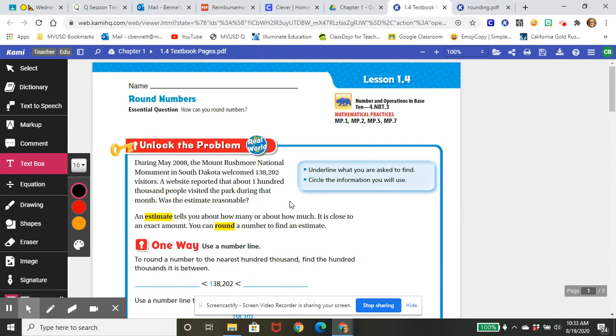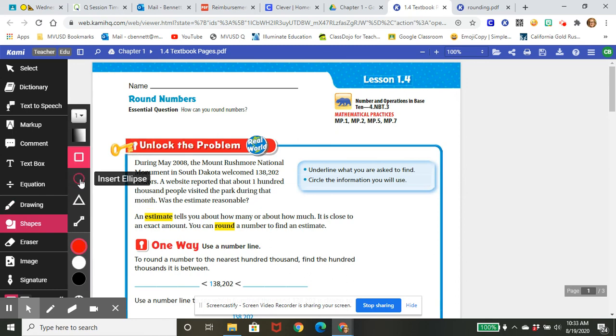Remember, when we read a math question, a good thing to do is to circle the numbers and underline the question. All right? So it says here, during May 2008, the Mount Rushmore National Monument in South Dakota welcomed 138,202 visitors.